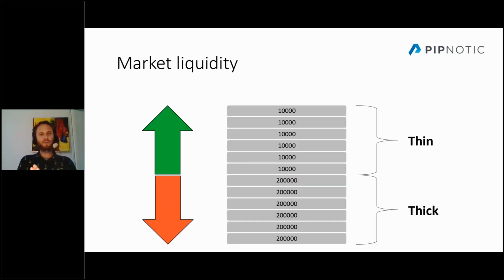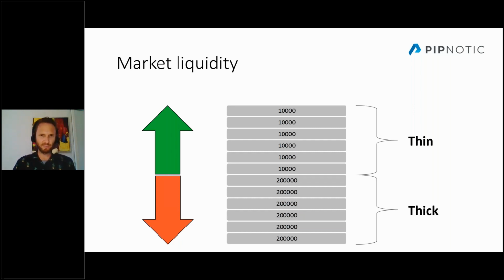Okay, so if we focus on this concept of market liquidity, let's assume that this is the marketplace. This is a completely random example. It's not really what it looks like in real life. But I'm sure many of the people in the room here trade crypto, so they're well acquainted with the order book, where you can see the amount of liquidity at these different price levels.